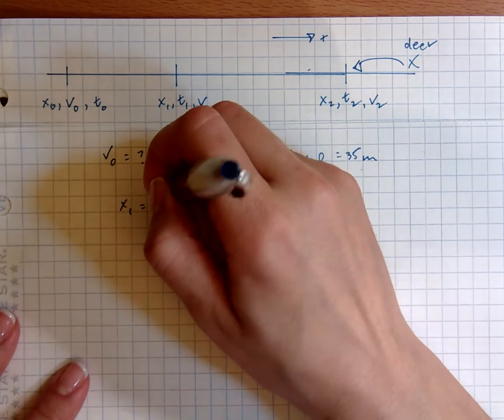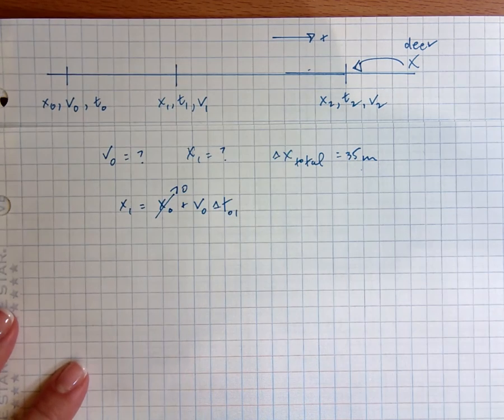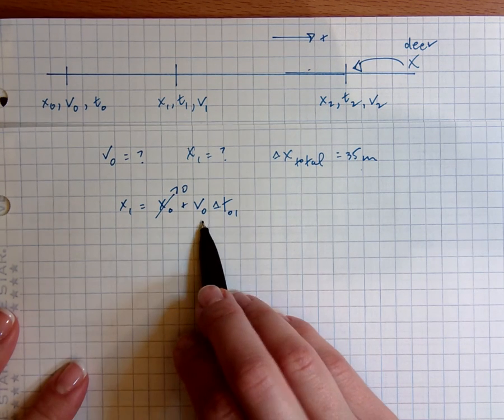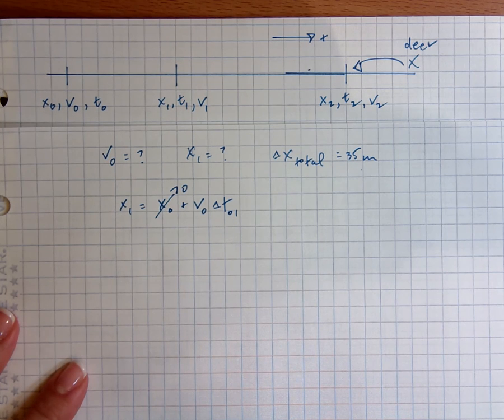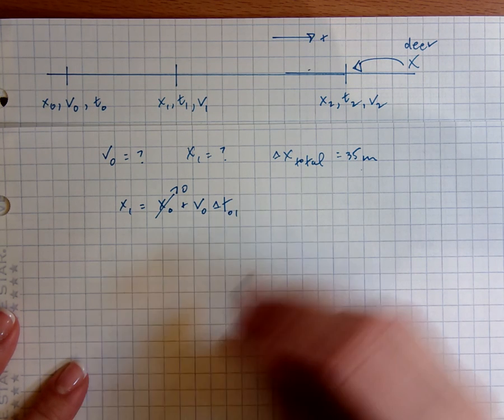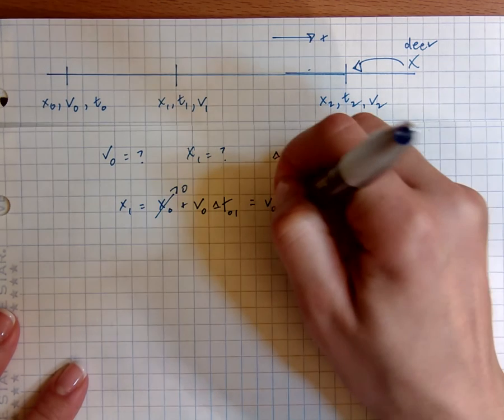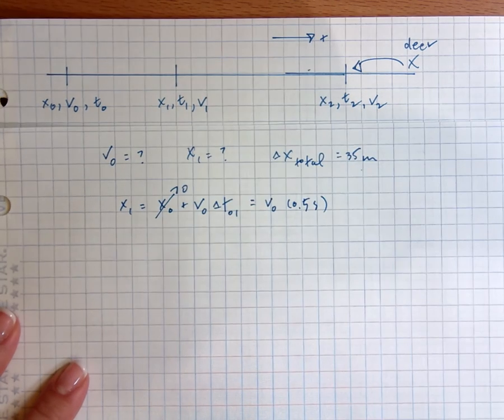We've labeled from before our initial position to be the origin, so let that go to 0, and now I have this relationship x1 is equal to the initial velocity times the time between points 0 and 1. Okay, so I do know that the time between point 0 and 1 is half a second, so I can put that in.